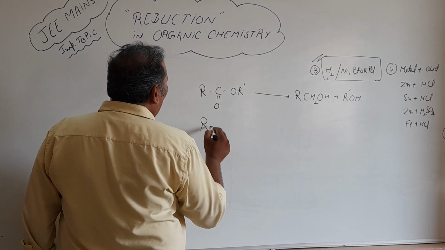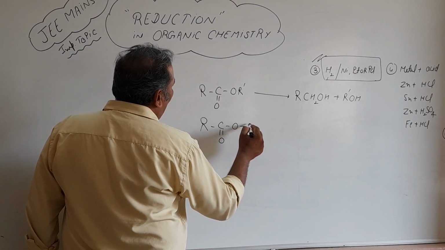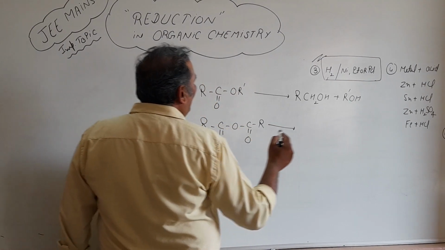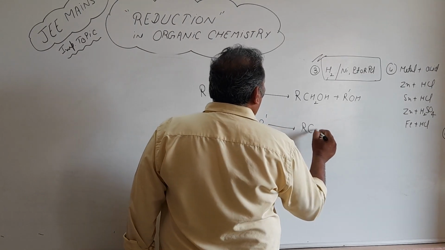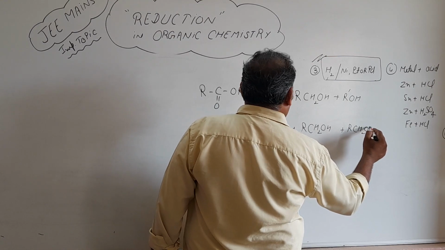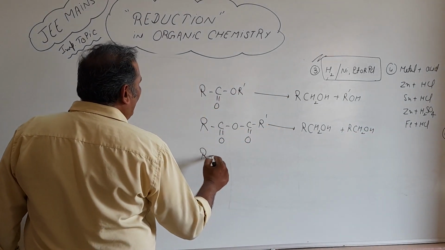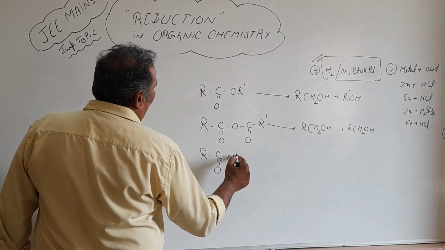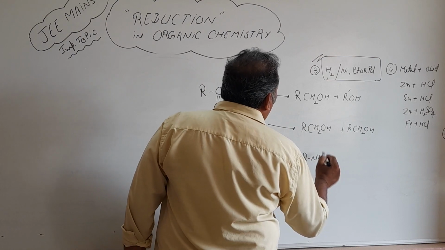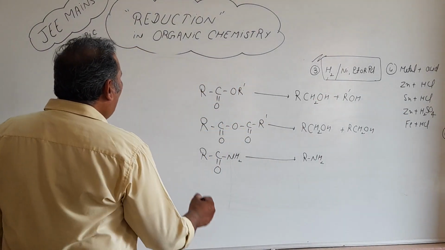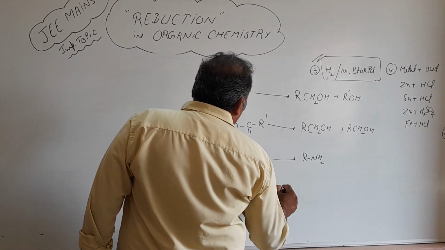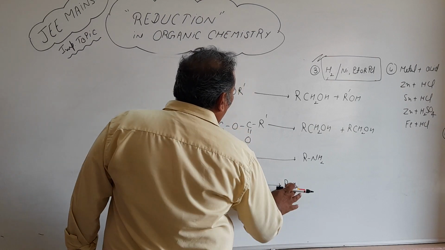If we are using anhydride, anhydride also can be reduced to RCH2OH plus RCH2OH. If we are using amide, amide can also be reduced into amine using this H2 with Ni. If we are using alkyl halide, yes, alkyl halide can also be reduced into alkane.